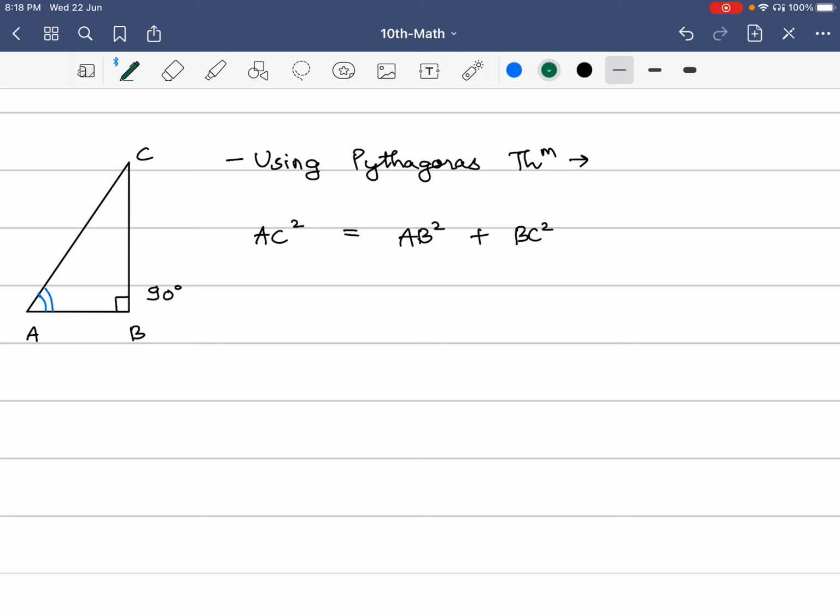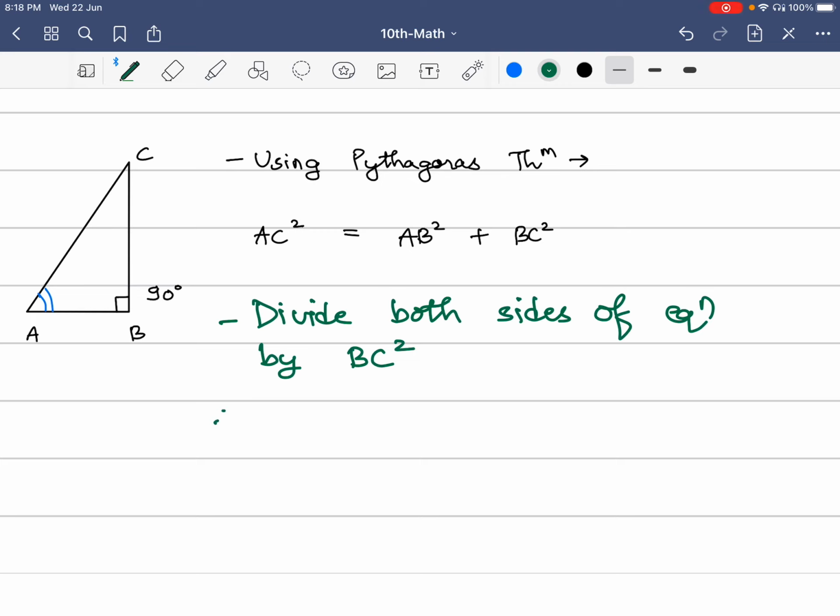Now here we divide both the sides of the equation by BC square. And therefore we get AC square upon BC square is equal to AB square upon BC square plus BC square divided by BC square.